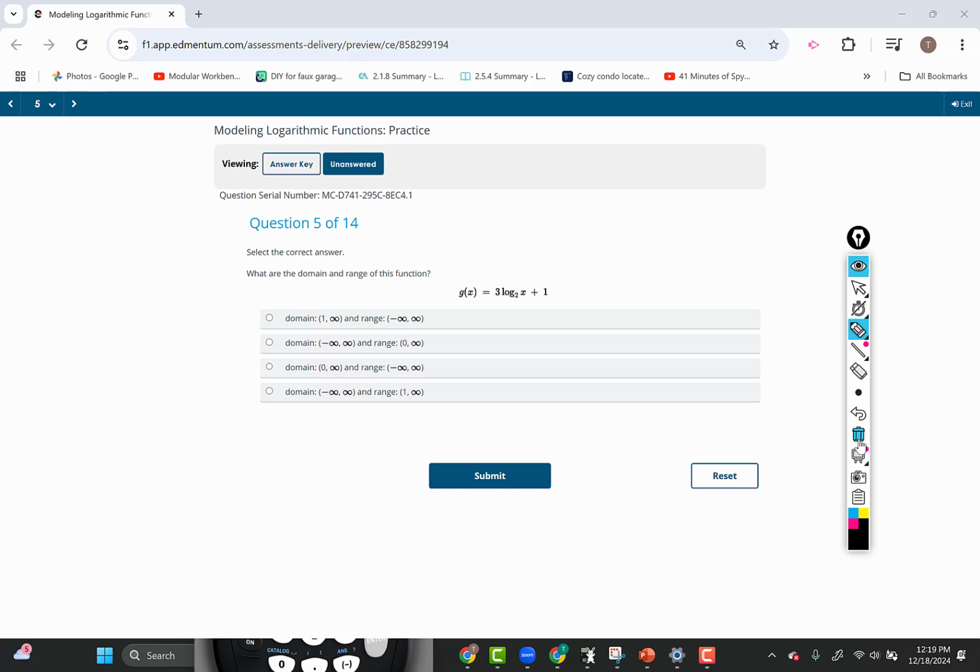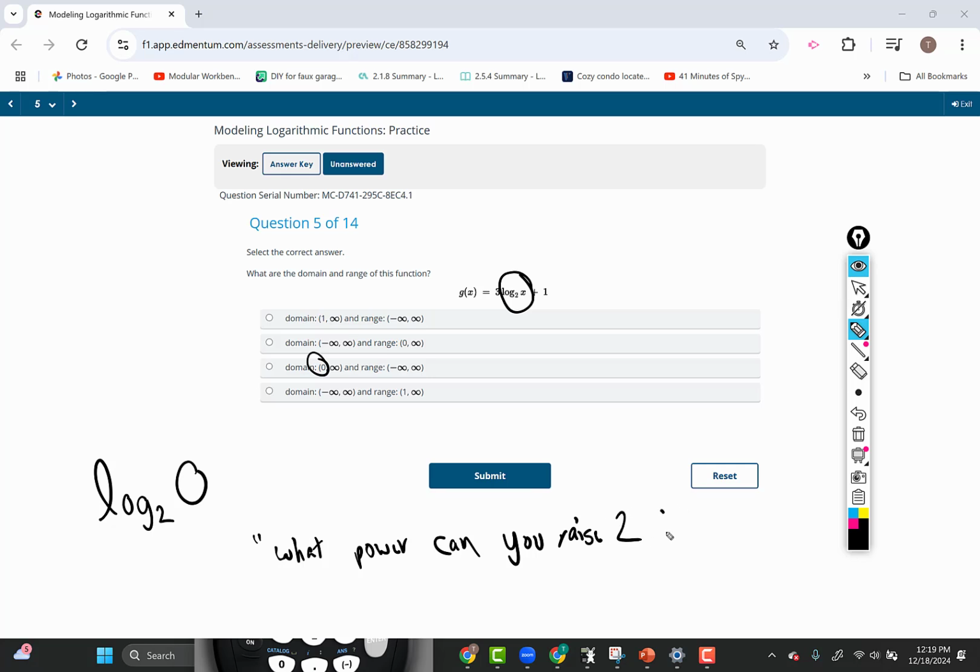Let's check 0. So let's take log base 2. We're taking this log base 2, and we're replacing x this time with 0. So what power can you raise 2 to get 0?